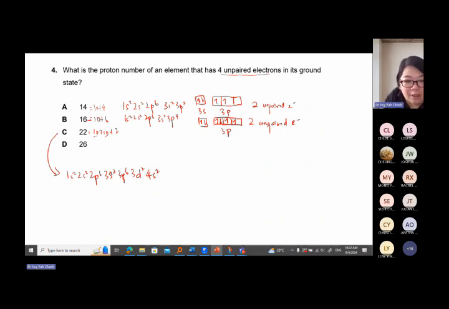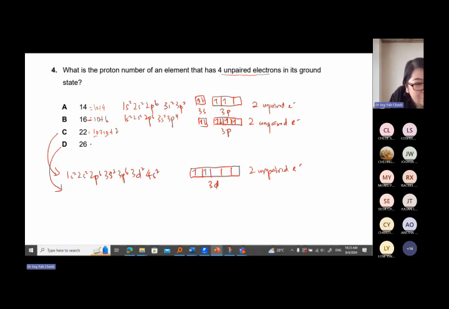Here it's tricky. The 3s subshell is full, so all paired electrons. 3p6 all paired, full already. 4s2 again paired electrons. So now unpaired electrons are in the 3d orbitals. So draw the 3d orbitals in boxes, 5 boxes for d orbitals. 1, 2. Again, only 2 unpaired electrons. So our answer very likely is D.